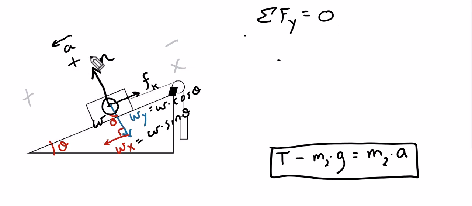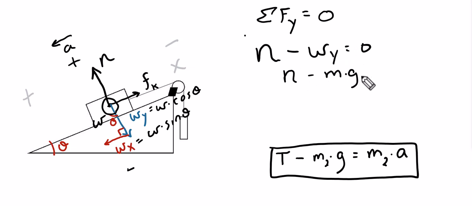If I pick up to be positive and down to be negative, I have the normal force that's going up, and that's opposing the WY component, which of course I can write as normal minus m times g, and this is, by the way, m1 times g times cosine theta equals 0.